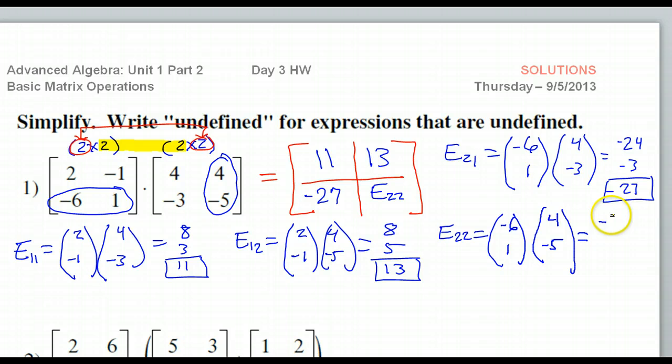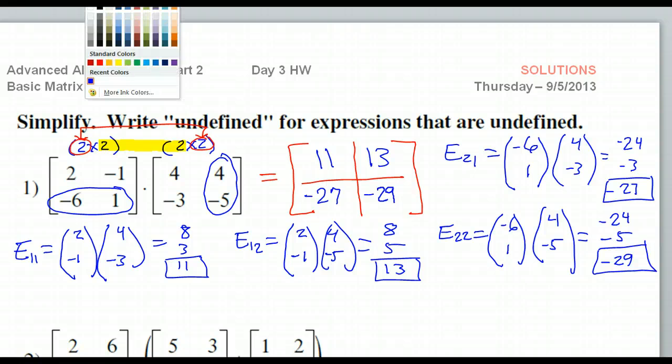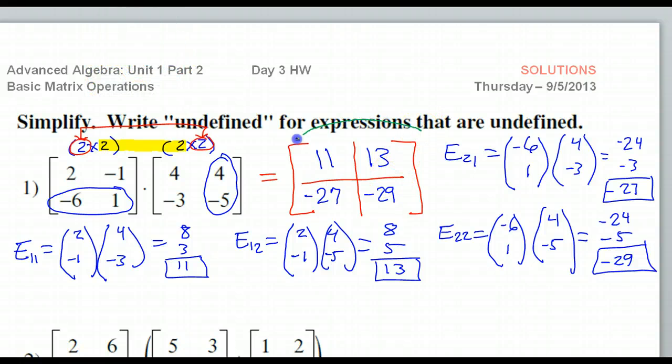That's going to give me negative 24, negative 5. So that's going to be negative 29. So that should be the final element. And that's it. So that makes this the answer to problem number 1.